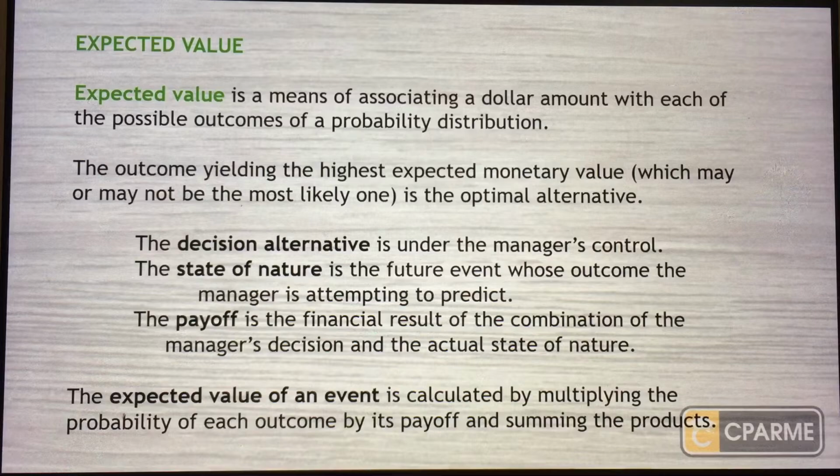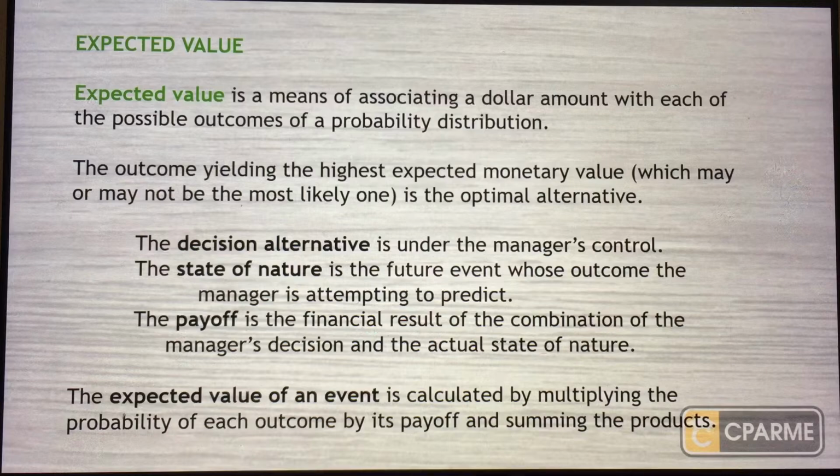So guys, in expected value, the only thing that we need to understand here is that when we are choosing a project or answering the problem, we should always select the alternative that has the highest impact on revenue, or when it comes to cost, the least one.